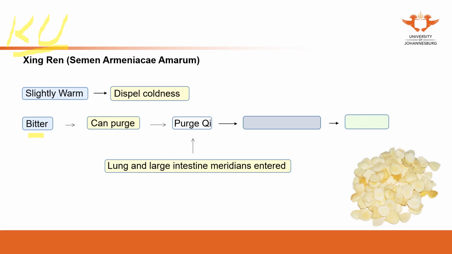Bitter can purge the qi, can be used for lung qi rebellion. Lung qi rebellion, the patient can present as coughing, tachypnea. The lung qi is supposed to go down, to go down to the kidney as the kidney receives the qi.